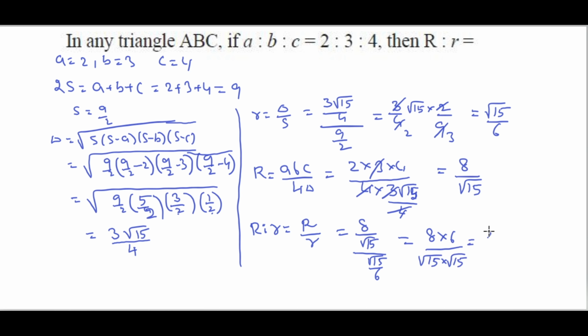Root 15 into root 15 is 15. Here 2 into 3 is 6, 5 into 3 is 15, that is equal to 8 into 2, 16 by 5. Therefore capital R is to small r is equal to 16 is to 5. This is the answer.